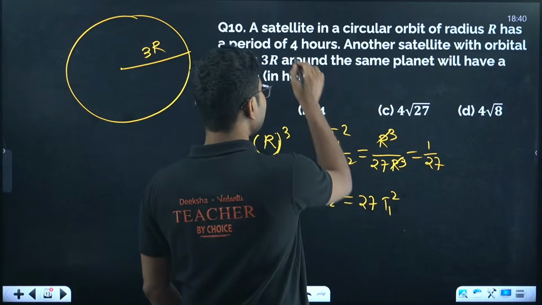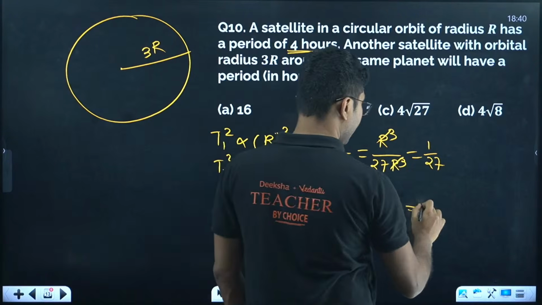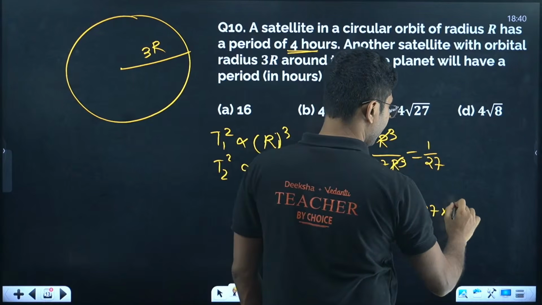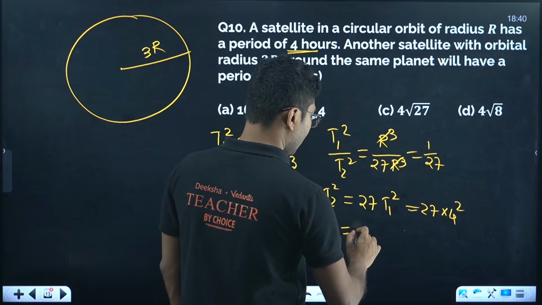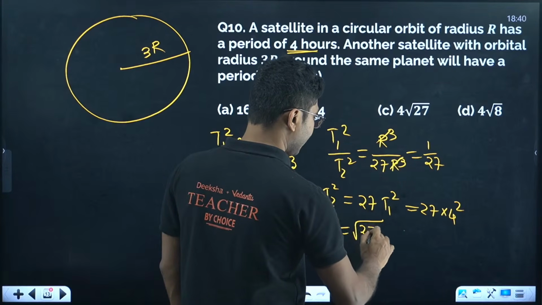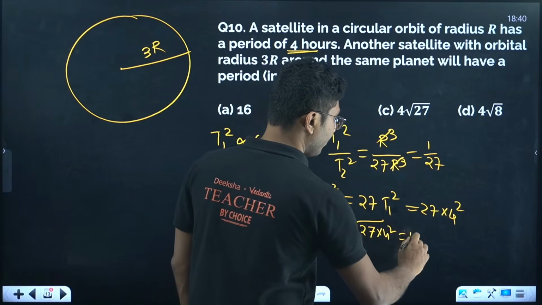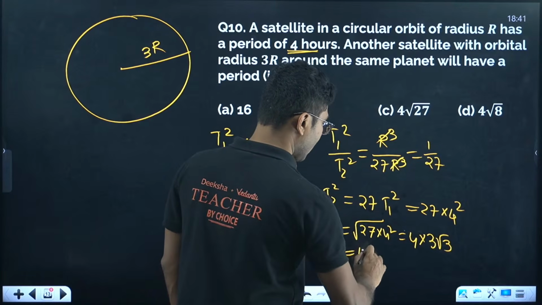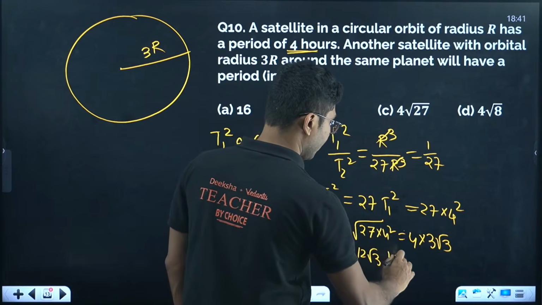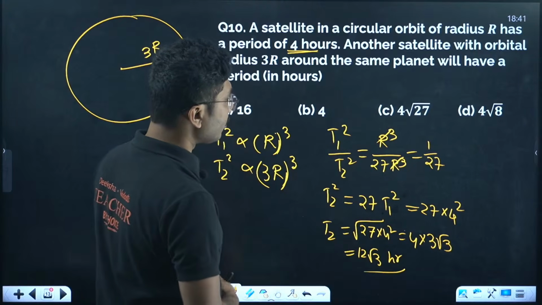What is T1? T1 is 4. So it will be 27 into 4 square. So T2 will be equal to the square root of 27 into 4 square, that is 4 into 3 root 3, that is 12 root 3 hour.